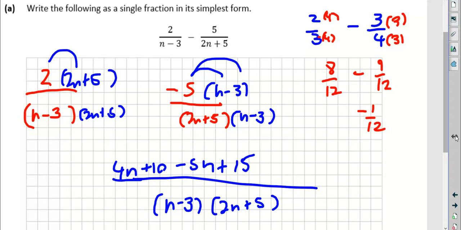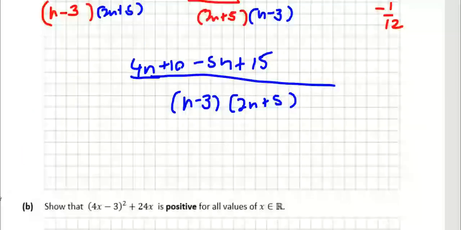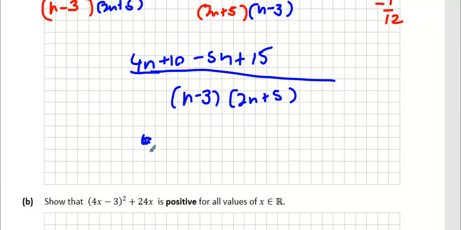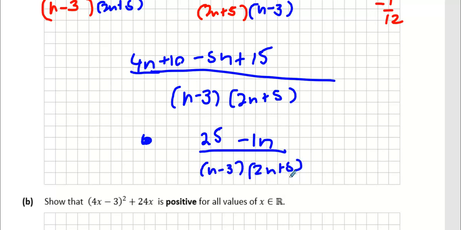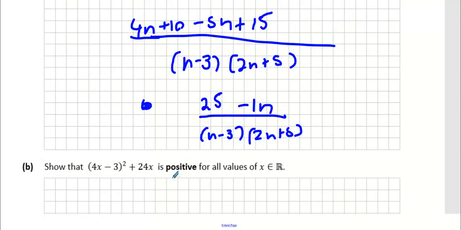Okay, and what we get next is 4n take away 5n is -1n, and 10 plus 15 is 25. 25 minus 1n over n minus 3 into 2n plus 5. Okay. Show that this is positive for all values of x.